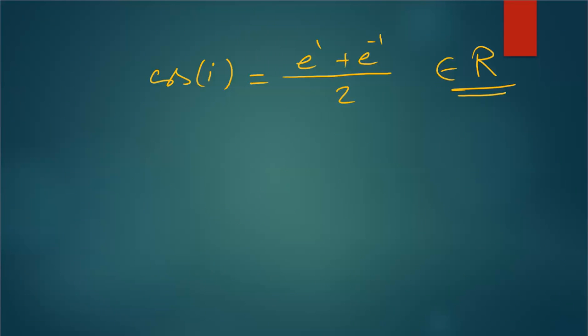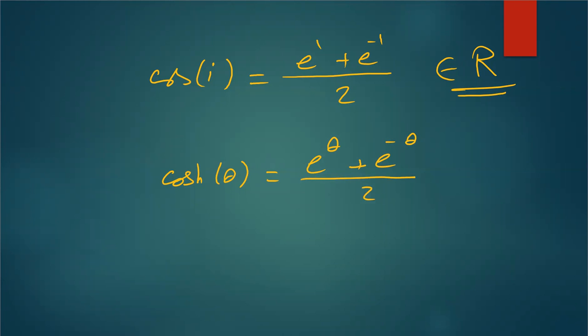One more thing here. From the definition of cosine of theta, it's e to the power theta plus e to the power negative theta all over 2.